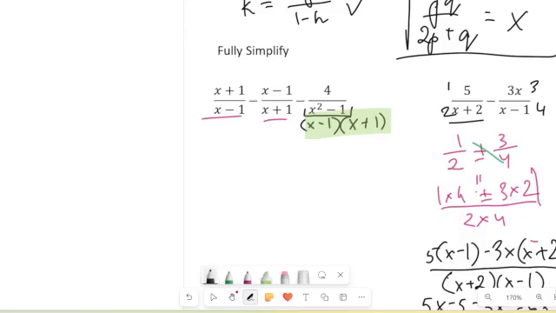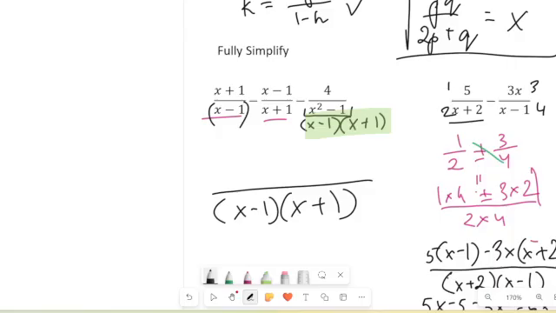So yes, again, I do what? I put the common denominator as x minus 1, x plus 1, and then I do what here? So whatever I do to the top, or to the bottom, I need to do the same to the top. So over here, to get my new denominator, I need to multiply x minus 1 by x plus 1.